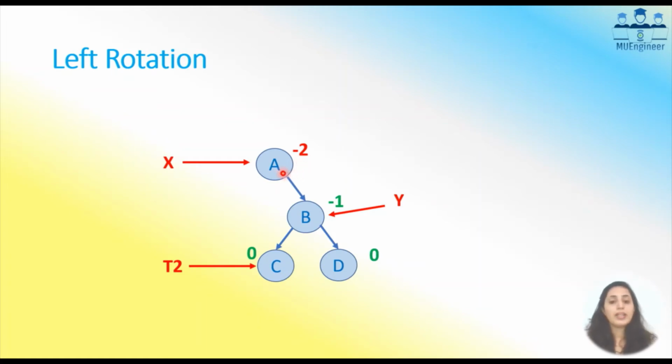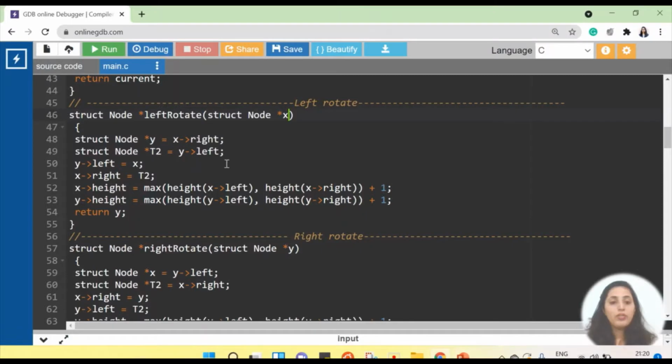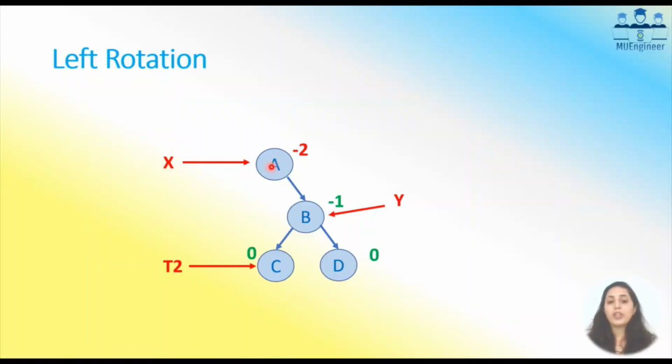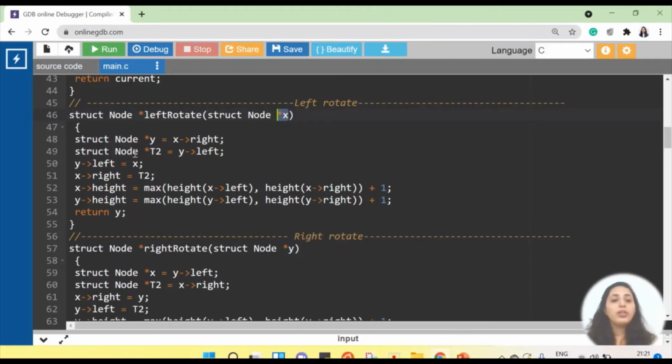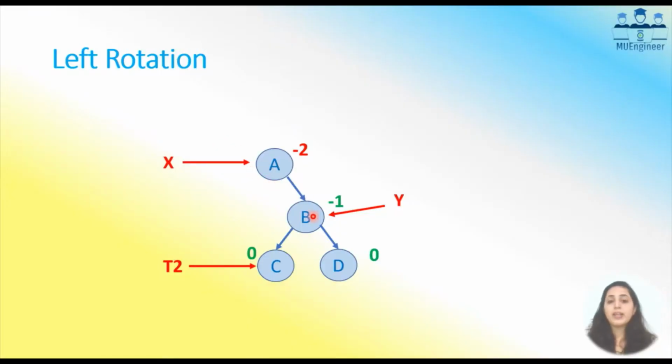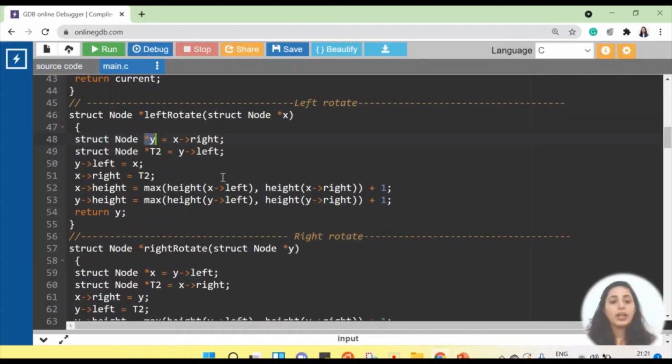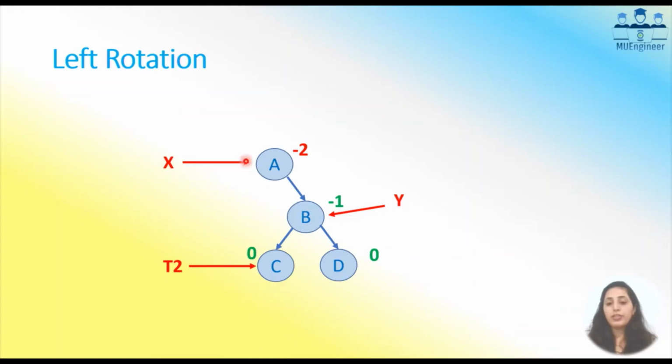So in that case, your A is the critical node which you give as an input to this particular function, say for example X. So X is pointing to A. Now first of all you'll make struct node Y which is equal to X dot right. So Y points to the right of X. Then T2 will point to Y's left. So who is on Y's left? C. So T2 will point to C.